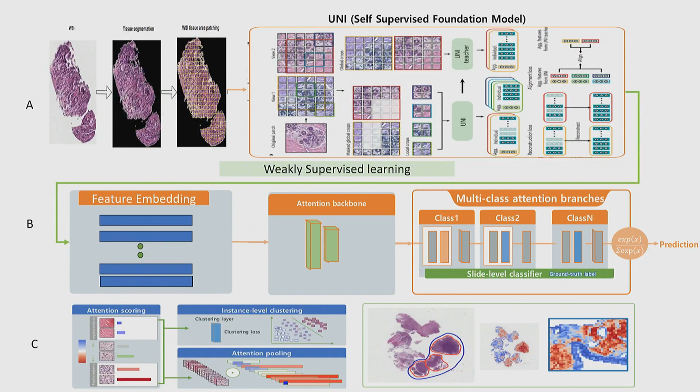This is the architecture of our study. We have a whole slide image, then we make the segmentation of the tissue. We extract only the tissue area from the whole slide.